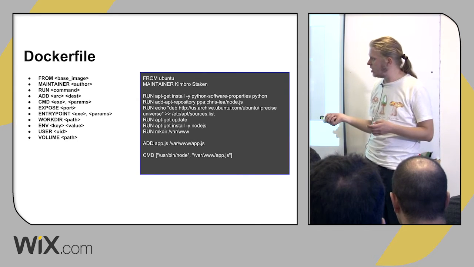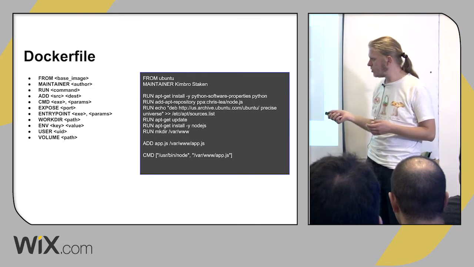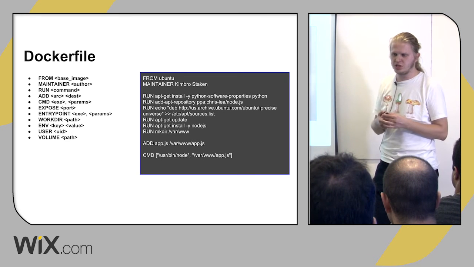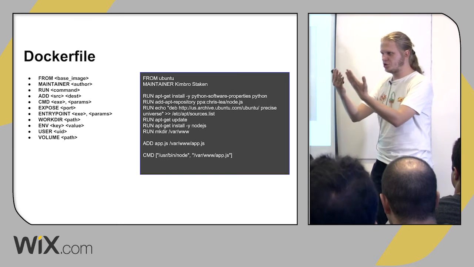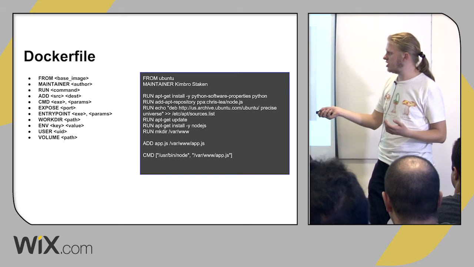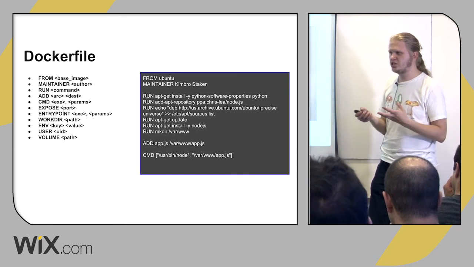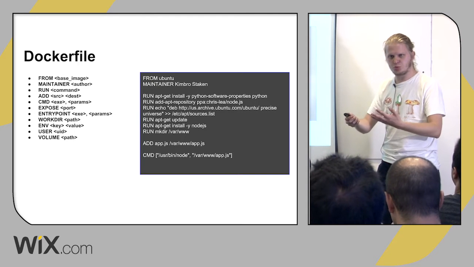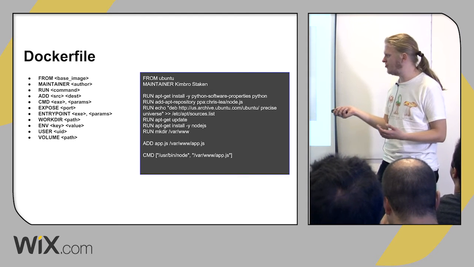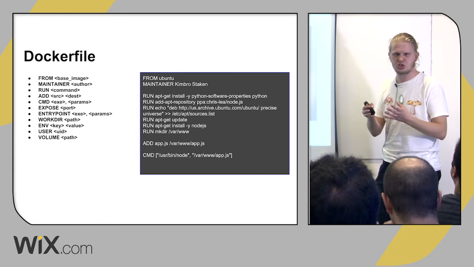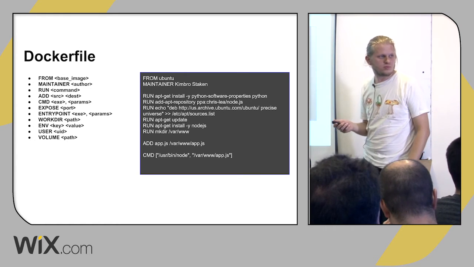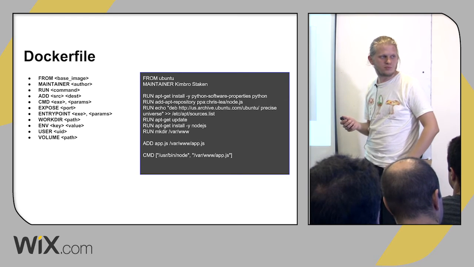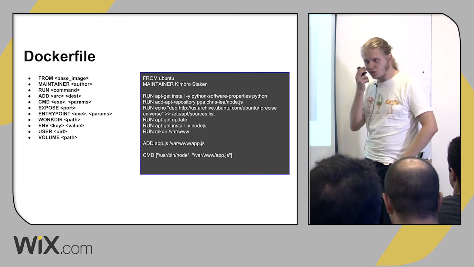And the CMD explains to Docker that when Docker boots the container up, it has to run this as the command line after boot. This will be the actual process running inside Docker. It defines the lifetime of your container. When this process exits, the container dies.